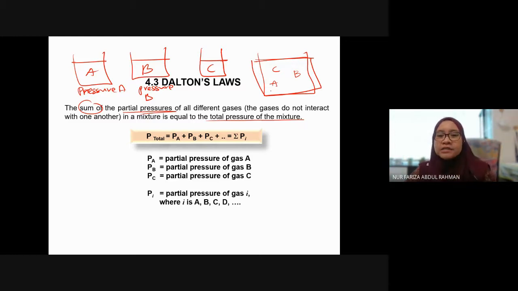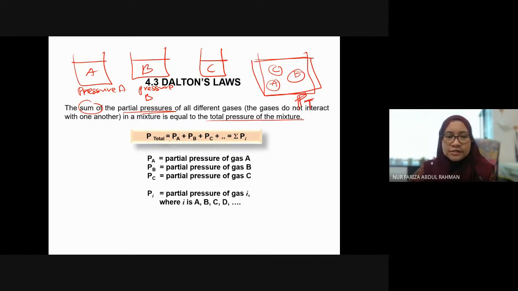It is partial pressure. Why is it called partial? Because they are all now contributing to the P total. So bila kita combine, kita akan ada P total lah, because each one of them may have different partial pressure. So when we combine all of this, by right we should have total pressure.